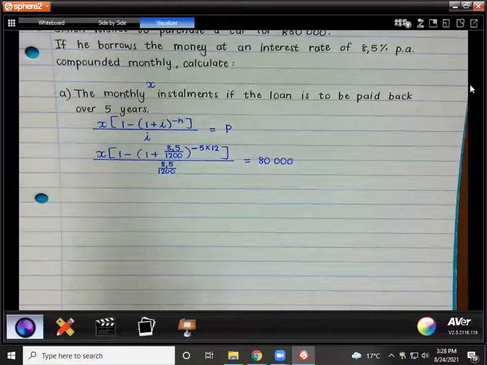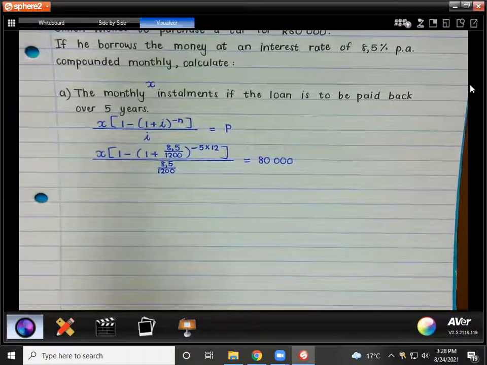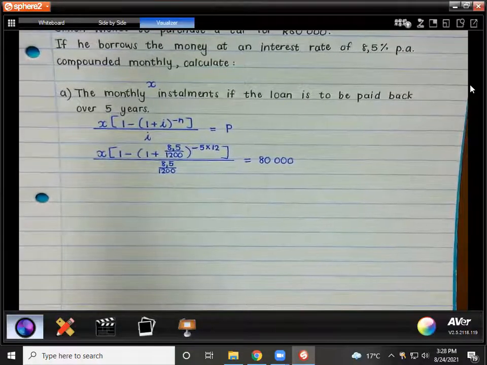Okay, solve for x there, please. Get your calculators out, do some punching. So you're going to times and then divide, all right?